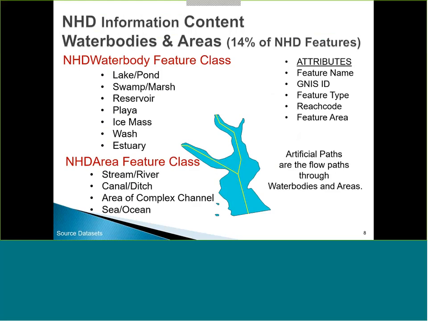Water bodies and areas, in other words, polygonal features, are the second major content in NHD. It's 14% of the NHD features. In the water body feature class, there are lake ponds, swamp marshes, reservoirs, which, and I have to explain, reservoirs aren't what we think of. They are not impounded lakes.